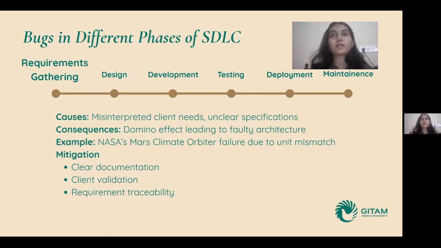This could create a lot of reputation damage as well as monetary loss for the company. One way to deal with this is you document the requirements properly and you constantly communicate with the client and make sure you have every single requirement to the T.